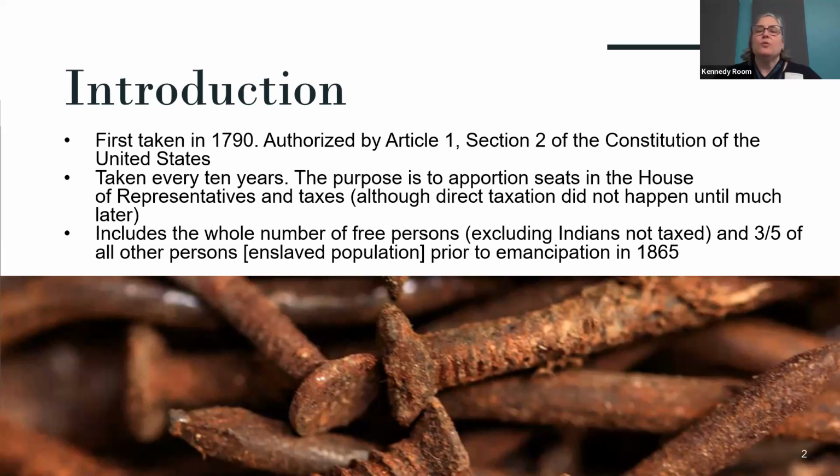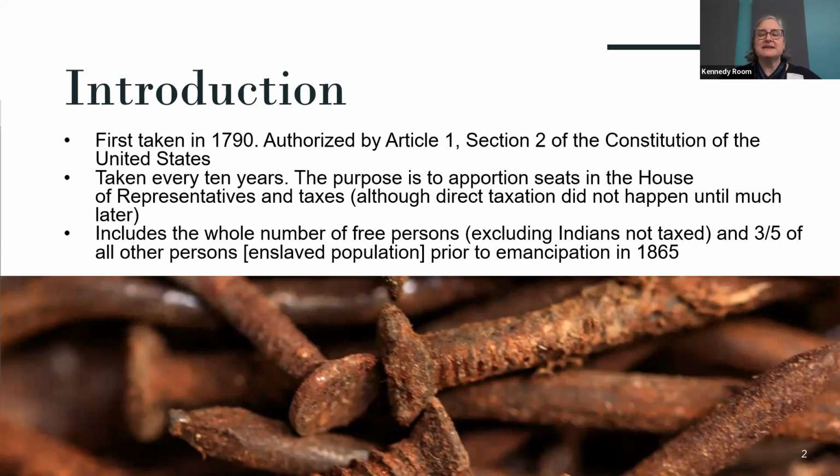So, what are federal censuses and why do they start in 1790? Well, they were first taken in 1790 because we weren't a country until 1783. It is authorized by Article 1, Section 2 of the Constitution of the United States. They are taken every 10 years, and the purpose is to apportion seats in the House of Representatives and taxes.